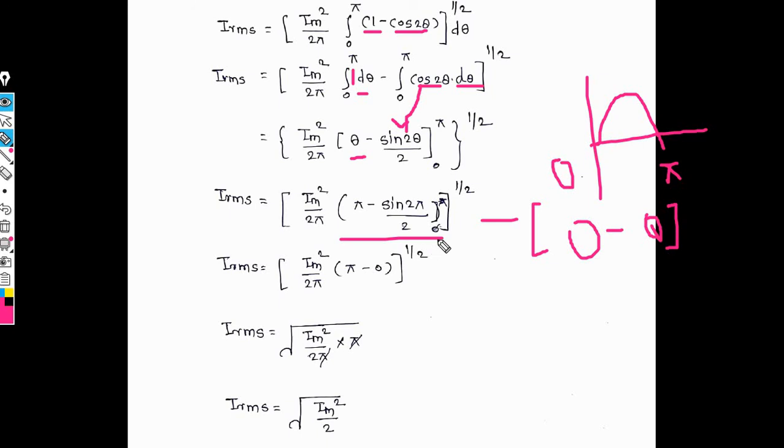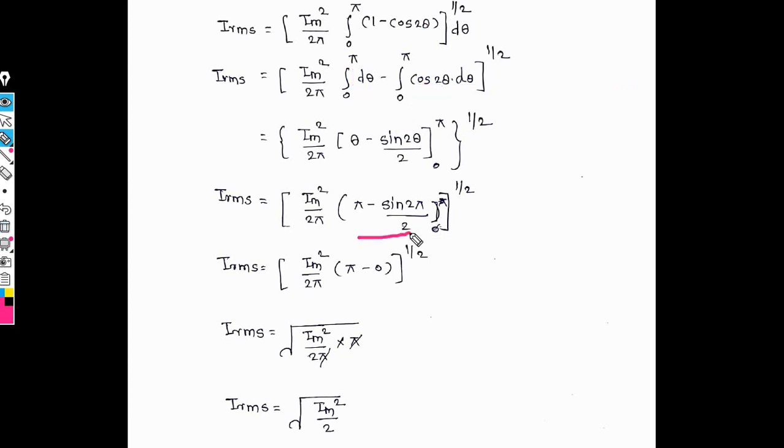Then pi as it is, and sin 2 pi is 0, so 0 by 2 is 0. Then IRMS is equal to Im square upon 2 pi into the bracket pi minus 0.